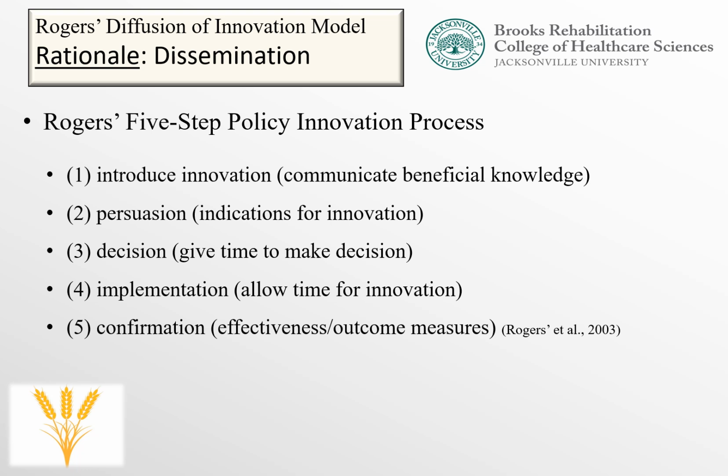And then the implementation would be to allow time for the innovation. And then step number 5 is the confirmation for its effectiveness and outcome measures if the policy is implemented.